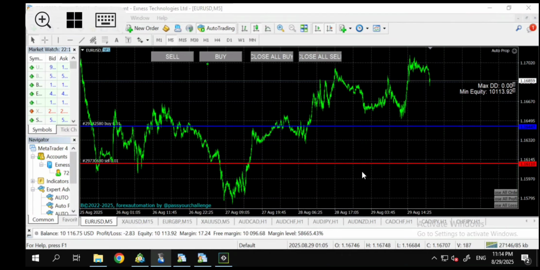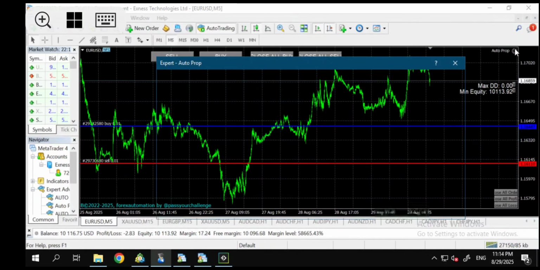As you can see here, we have the buy, the sell, the close all buy, and then the close all sell. We know that MT4 doesn't allow closure of multiple positions at a go, but this expert advisor gives you an option. You can close all running positions, all buys or all sells at a click.